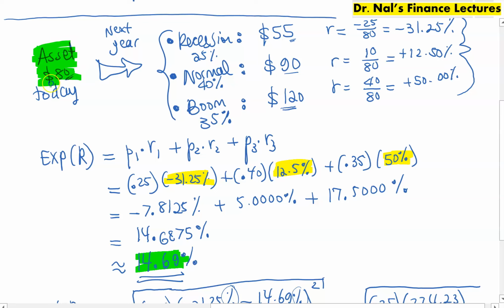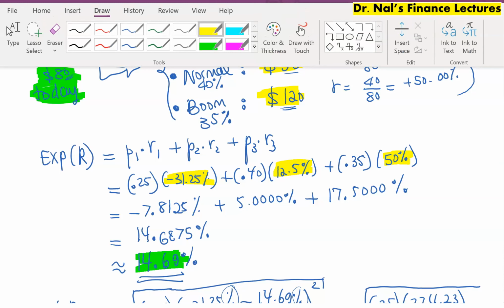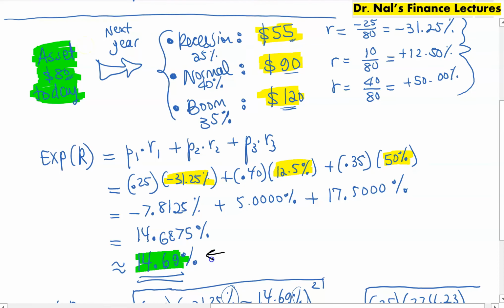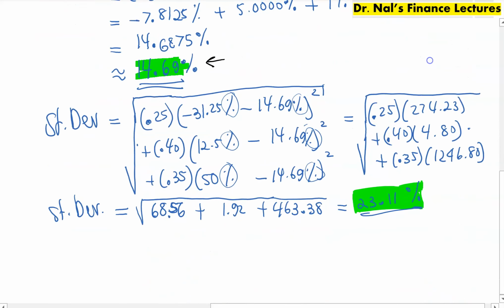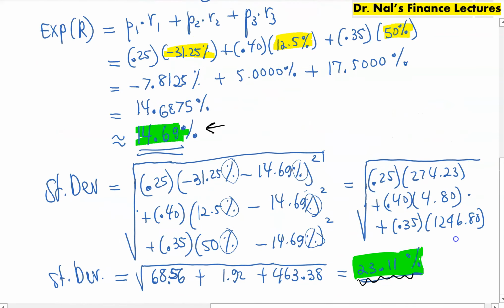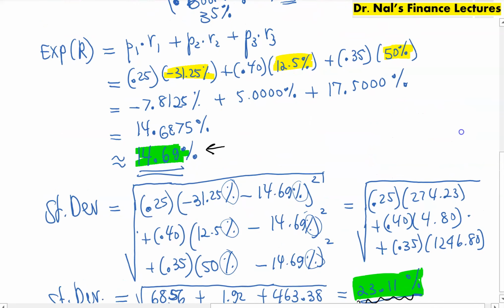If you were to invest in an asset which is selling for $80 today, and there's an uncertainty about the future of this security, either it will pay $55 or $90 or $120 next year, based on our calculations, we found out that the expected return of this security is this number here. On average, this will earn us a 14.69% return on our investment. However, it comes with a rather significant risk alongside. Hope this was useful, and looking forward to seeing you guys in our next lecture.